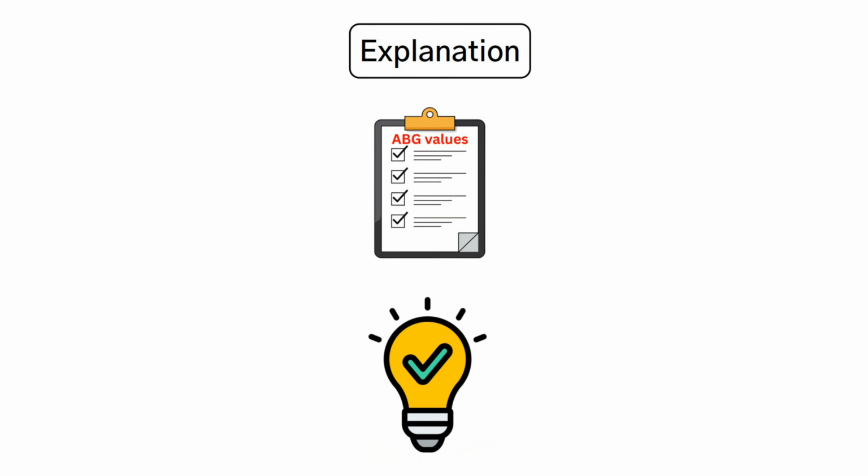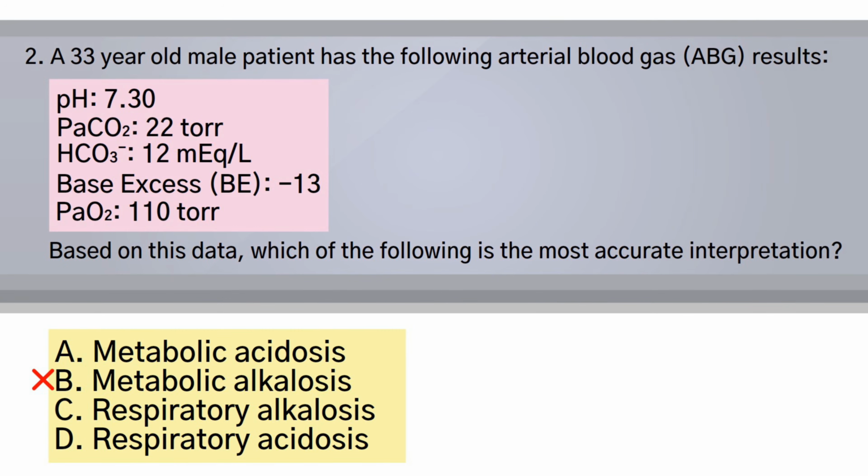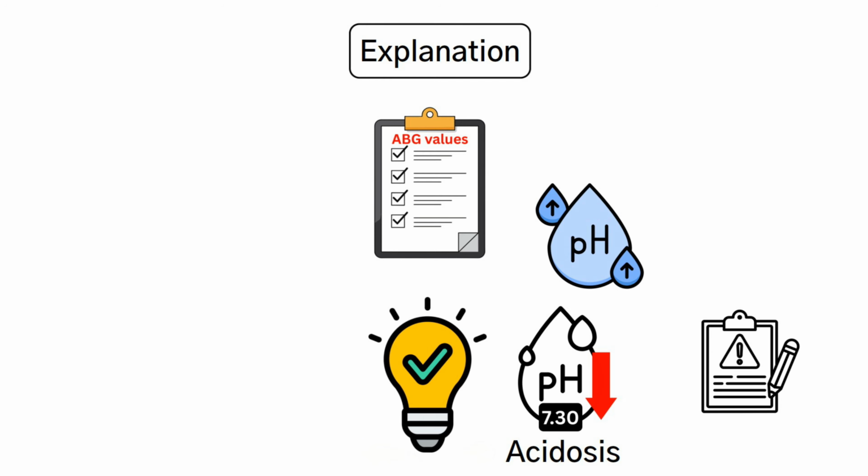Explanation. To determine the correct answer, let's work through the ABG step by step. The pH is 7.30, which falls below the normal range. This confirms acidosis, allowing us to rule out metabolic alkalosis right away, since alkalosis would require an elevated pH. Next, we must determine whether the primary problem is respiratory or metabolic.